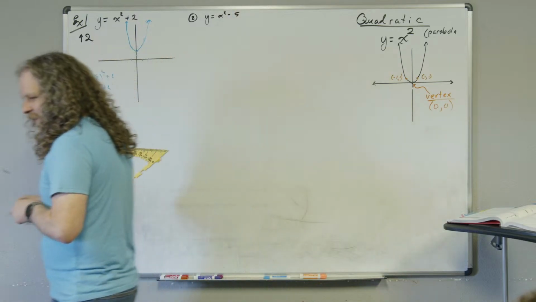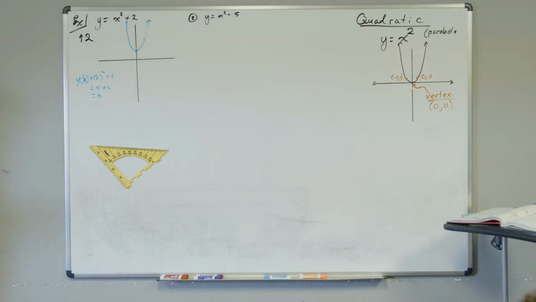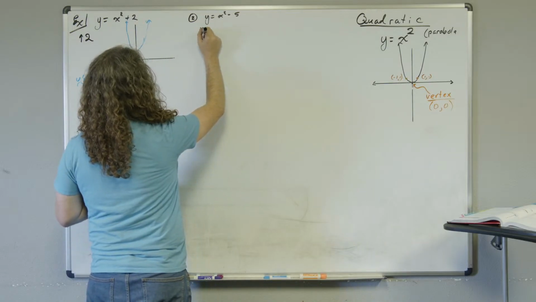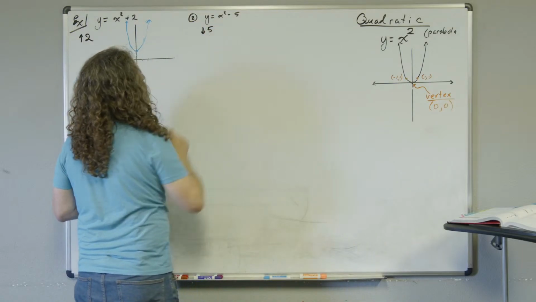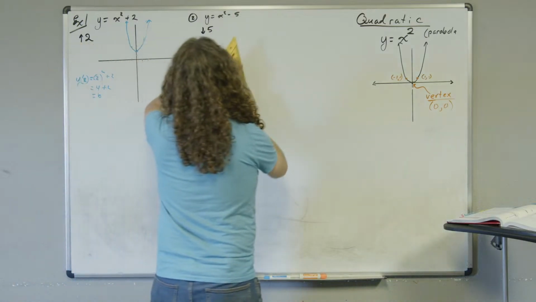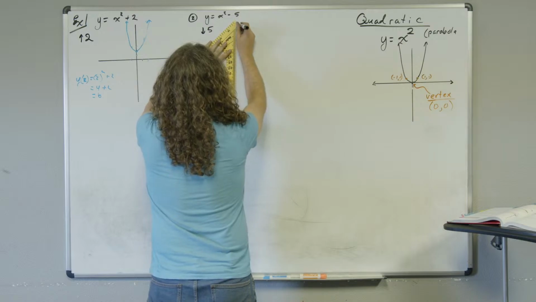Okay, so how does this one change the parent? Down 5. It's a good idea to jot down yourself a note of how it's changing. Right? It's going to go down 5. So it's the same idea, right? I'm going to graph it.